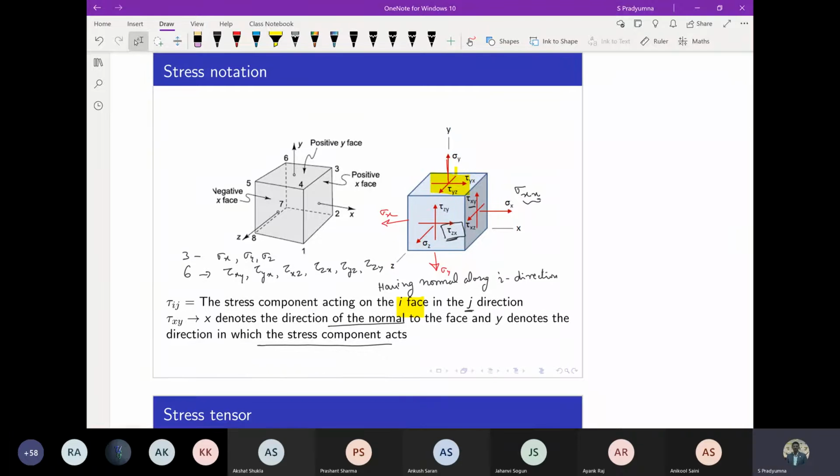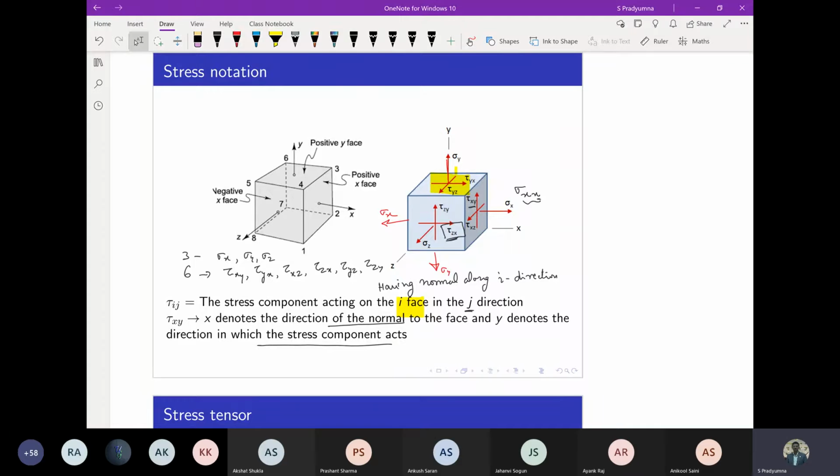And then we denoted the different components of stress using the ij notation, the index notation. So for example, any stress component tau ij means the stress component is acting on a phase which has a normal along ith direction, that is the first subscript, and the stress is acting in the jth direction, that is the second subscript.